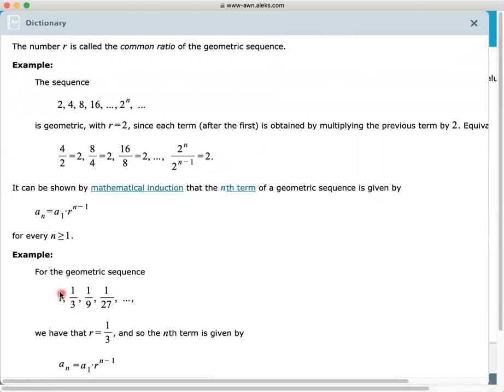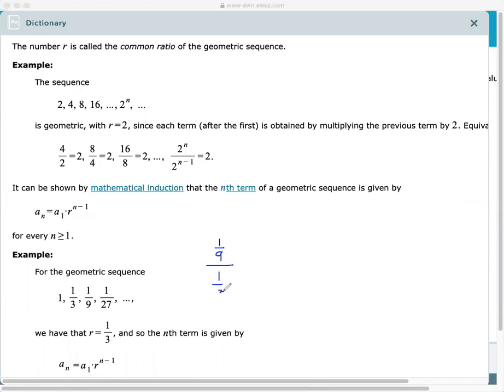Here's another example of a geometric sequence. If you take 1/3 divided by 1, you get 1/3. 1/9 divided by 1/3: when you have a complex fraction, that's equivalent to 1/9 times the reciprocal of 1/3.